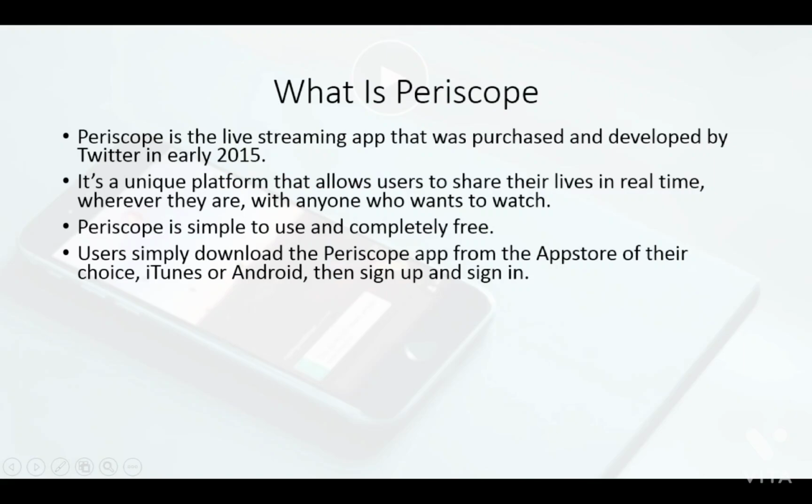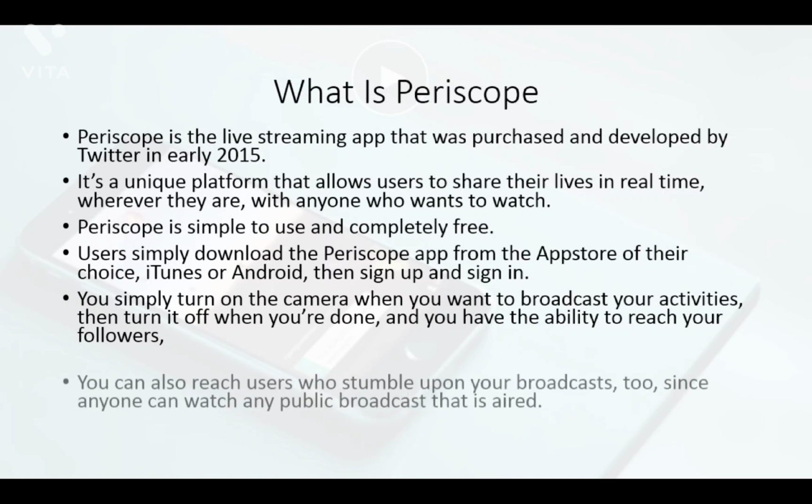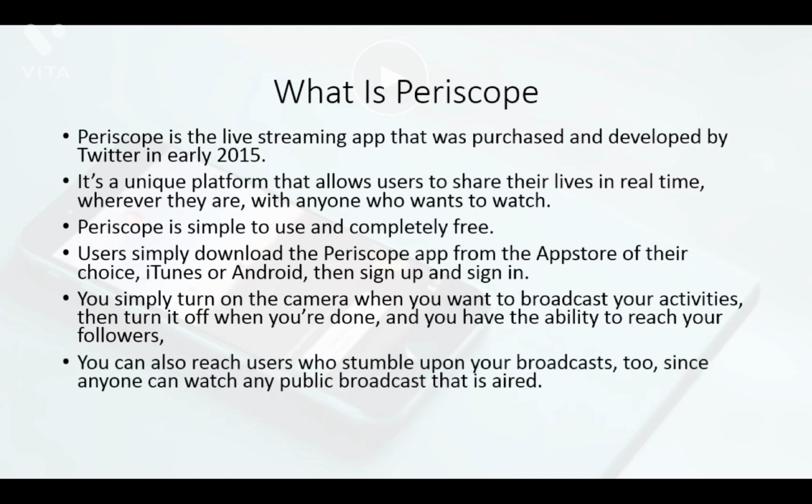Now, when we talk about ease of use, we're basically saying that all you really have to do with your mobile device is turn on your camera when you want to broadcast your applications and your activities. Now, when you turn off the camera, you're done. And you then have the ability to reach anyone that you are following, in addition to anyone who happens to find your live broadcast.